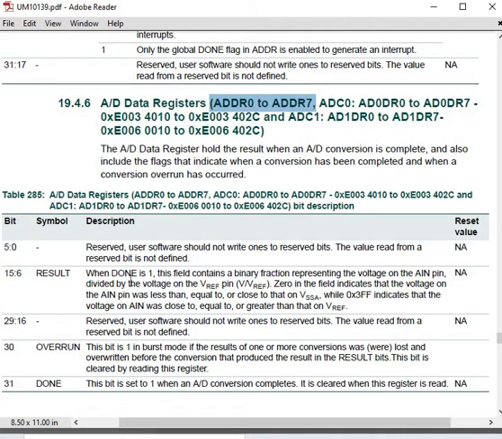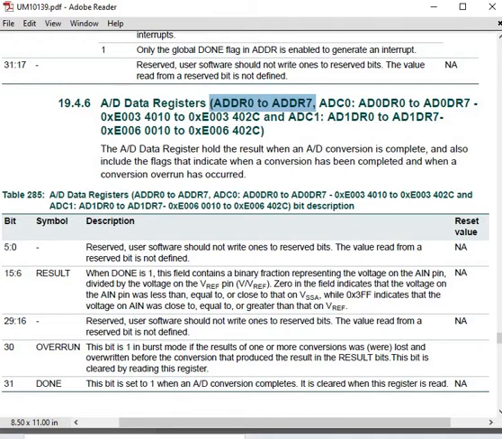The main part is bits 6 to 15, which are used for the result. Bit 30 is used for overrun, and bit 31 is used for whether the analog to digital conversion completes or not.